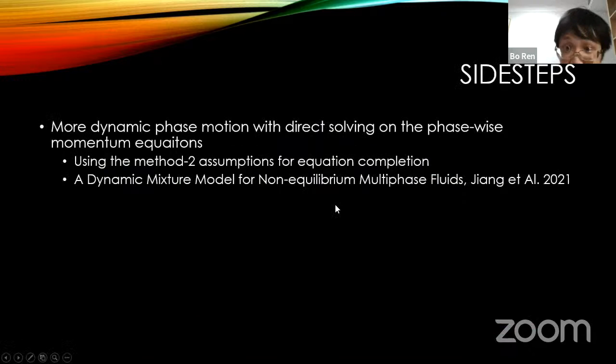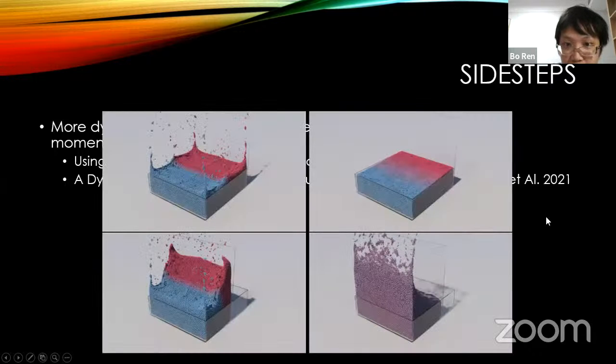He goes back to the fundamental full models and, with the assumptions of his method 2, proposed a direct solver to give more rigorous results of the phase mixing effect.